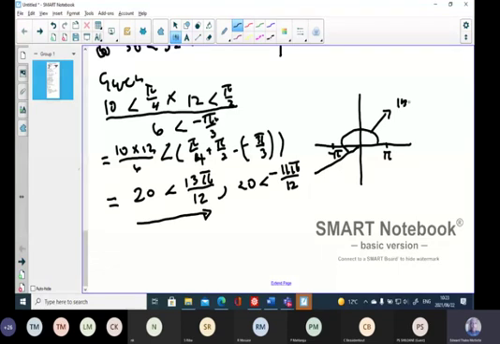We move anti-clockwise. If you move in a clockwise direction, this will give you minus 11 pi over 12. So both of them are acceptable. It will depend on what is asked, whether to provide the principal solution or not.